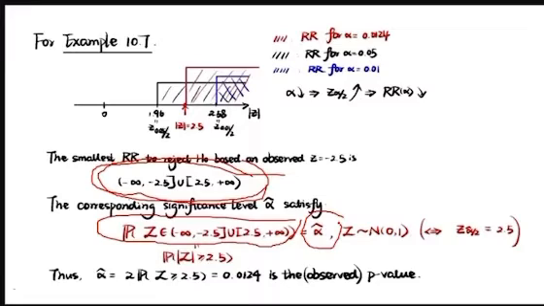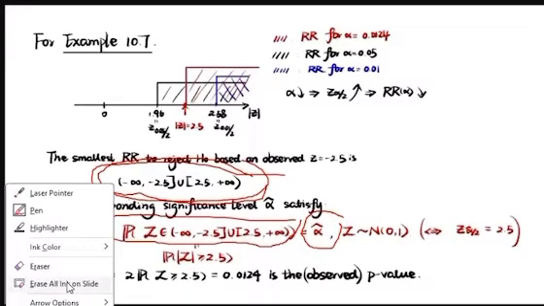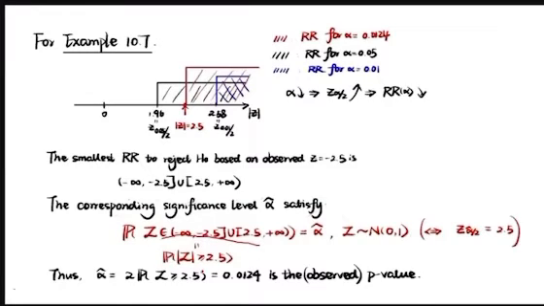Mathematically speaking, with negative 2.5, I actually want to find the probability of the absolute value of Z greater than or equal to 2.5. Of course, when you have an absolute value of Z, what you have inside could be negative or positive. Does that make sense?